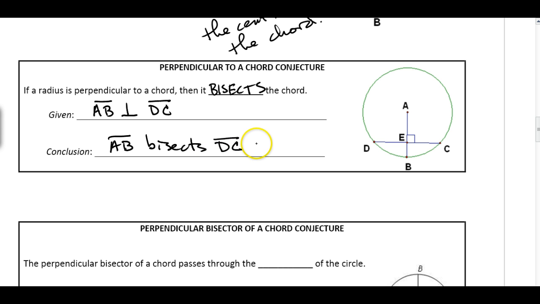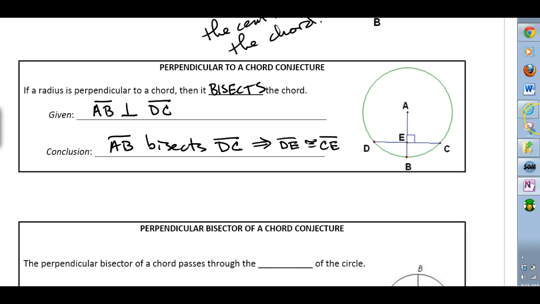Okay? And then after that, we could also conclude that DE was congruent to CE. And a lot of times when we do algebra type problems, we're going to make that leap from being perpendicular to having those two congruent segments.